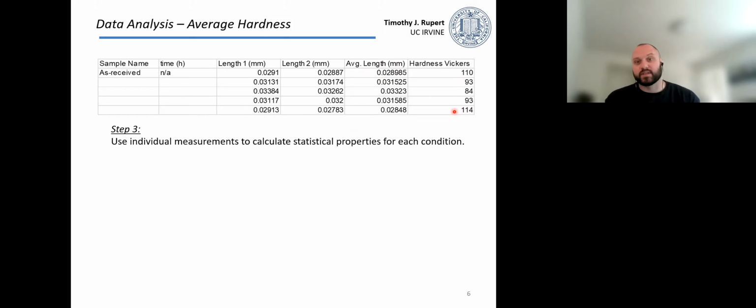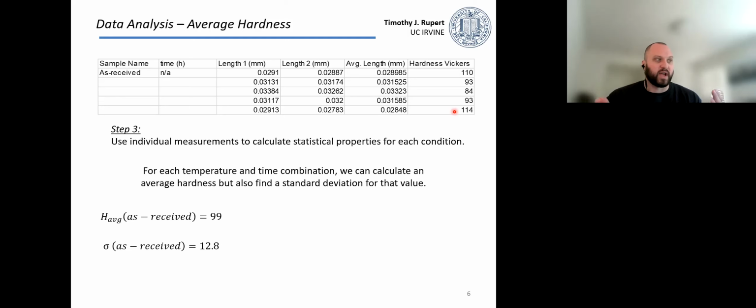Our next step is to take these individual measurements and calculate statistical properties for each condition. All I mean is I want to find the average hardness for, in this case, my as received condition, and also the standard deviation on that value. So I take those 5 measurements, and I find that my average hardness is 99. My standard deviation is 12.8.